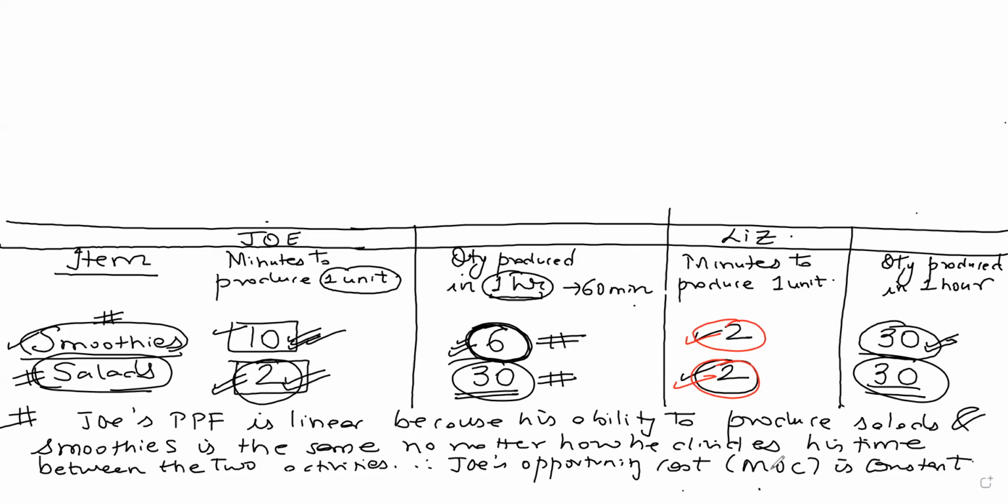And remember, when we were doing the lectures on the basics of the production possibility curve, we had said that if the marginal opportunity cost or the marginal rate of transformation is constant, your production possibility curve is a straight line. And likewise, I can say for Liz also. Similarly, Liz's production possibility frontier is also linear, because of the same reason as above.